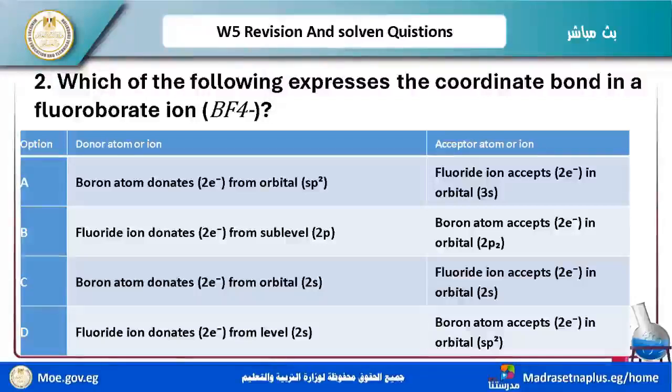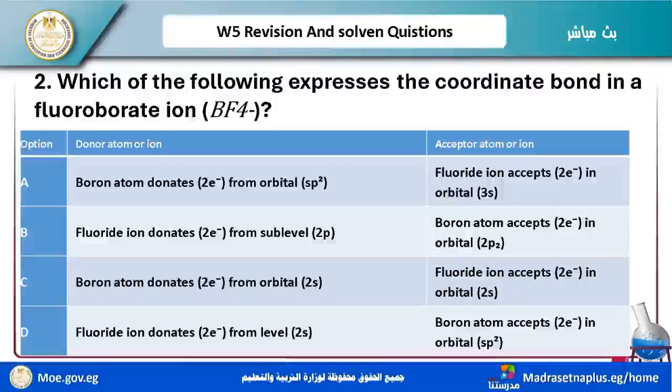Now, 2s has 2 electrons, but in these choices we have many things, such as sp2 hybridization or hybrid orbital, or 2p from the fluoride ion donating 2 electrons from the sublevel. Okay, now the acceptor atom or ion: fluoride ion accepts 2 electrons in orbital 3s, or boron atom accepts 2 electrons in orbital 2pz.